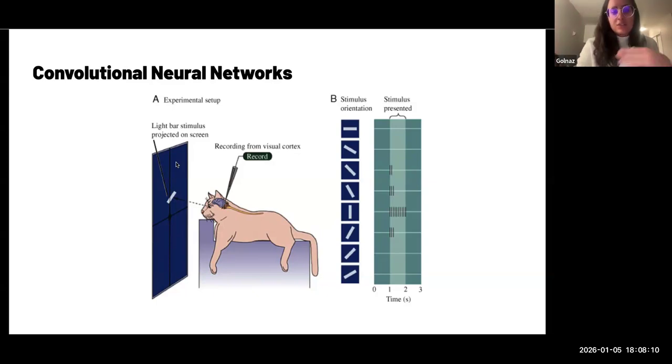They would change the stimulus and measure what's being activated in the brain and what the pattern is, like if you have the same shape but in a different place on the screen, how does that change what happens in the brain?